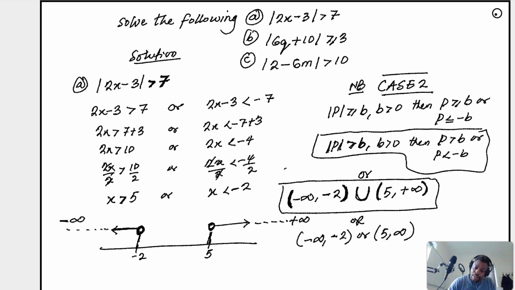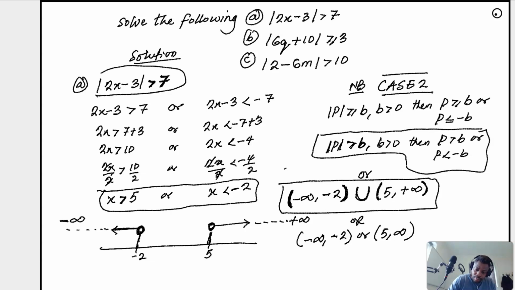Now, before we take the other question, I quickly want you to pay attention. This solution that you see here is called the inequality solution. Now, we now put this solution on a number line to generate interval notation. So this is interval solution now.